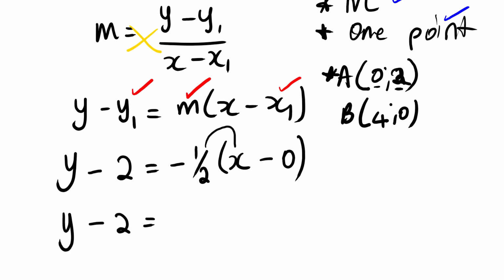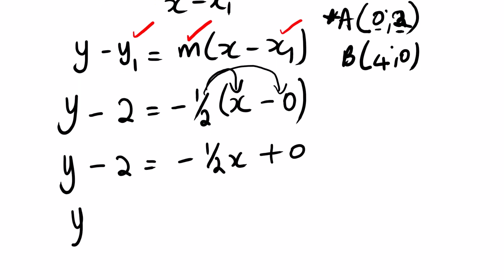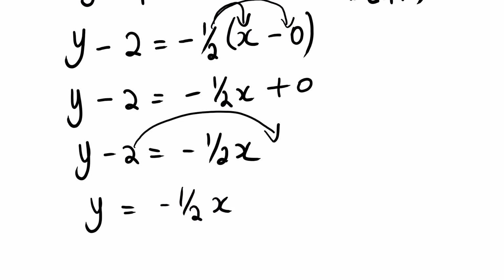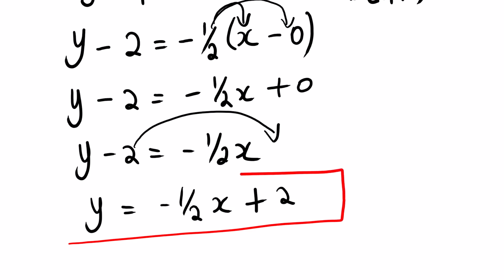Negative 1 over 2 multiplied by x is negative 1 over 2 x. Negative 1 over 2 multiplied by negative 0 is 0. Then transposing this to the other side, we have y equals negative 1 over 2 x plus 2. Then this is your equation.